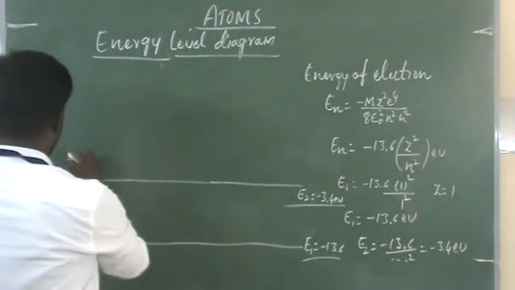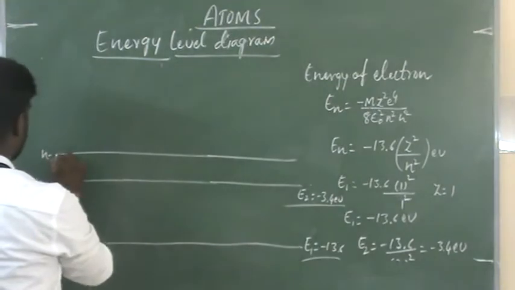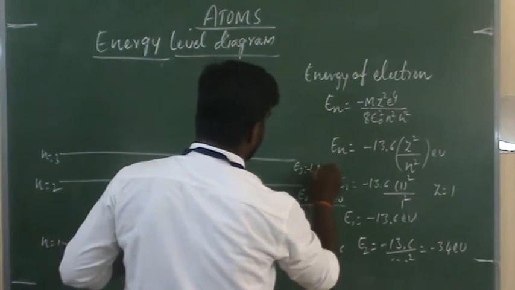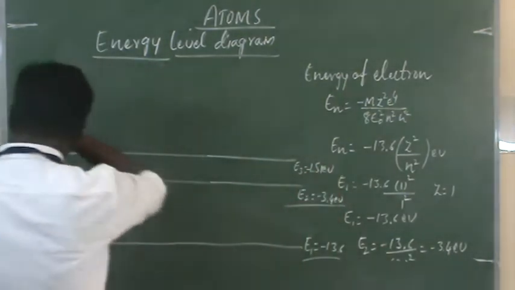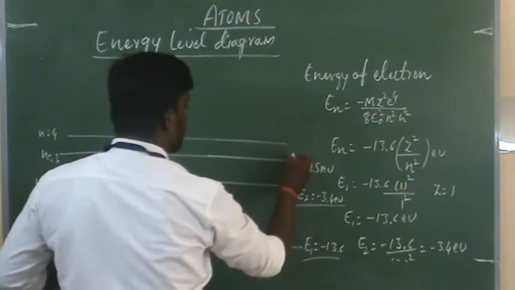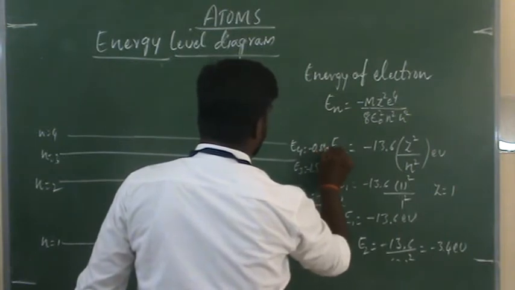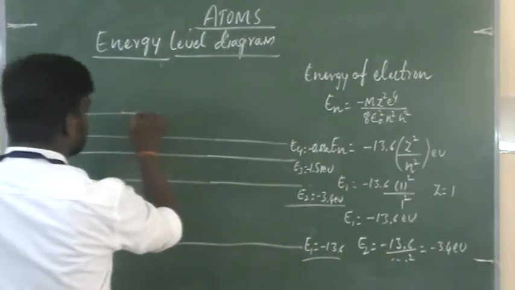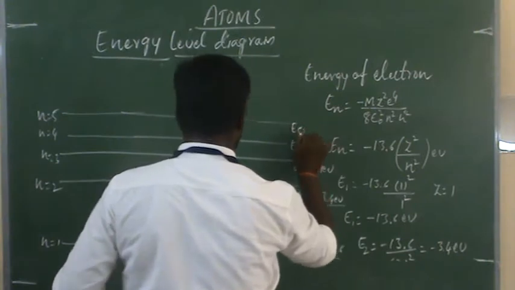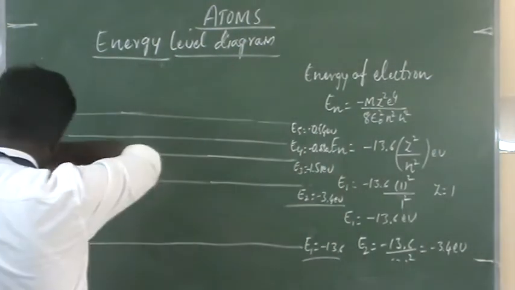Same way, n equals 3. So E3 is minus 1.51 electron volt. n equals 4, E4 equals minus 0.85 electron volt. n equals 5, E5 is equals to minus 0.54 electron volt, and so on.